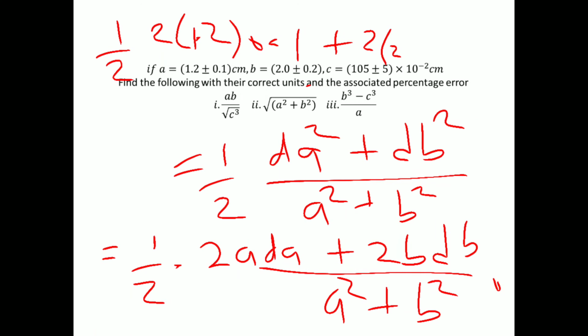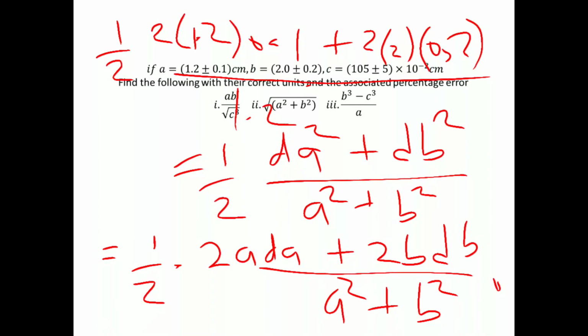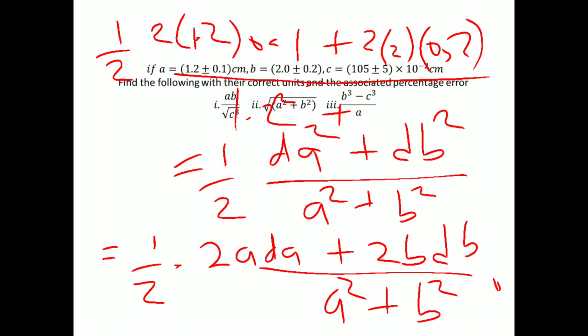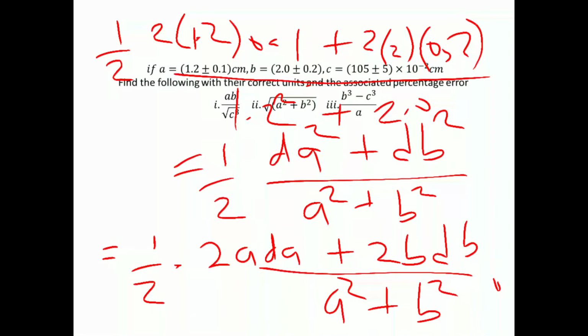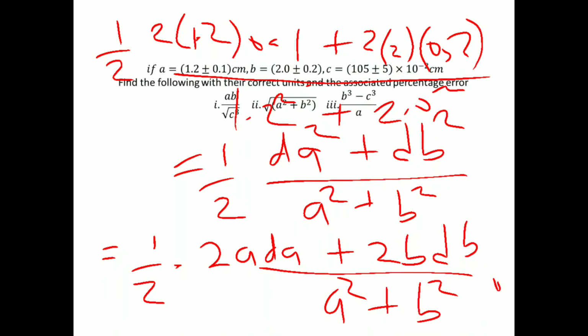Okay, I'll just leave it as 2. Then dB is 0.2, so we have 0.2. Now divided by a squared plus b squared, that means 1.2 squared plus b squared is 2.0 squared. Okay, so let's find out with calculator.